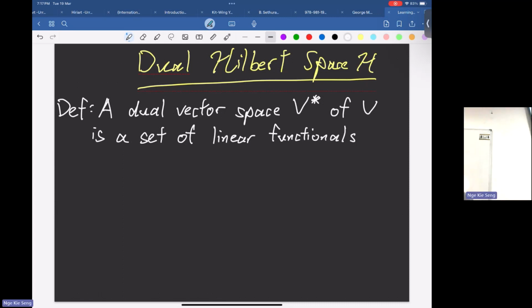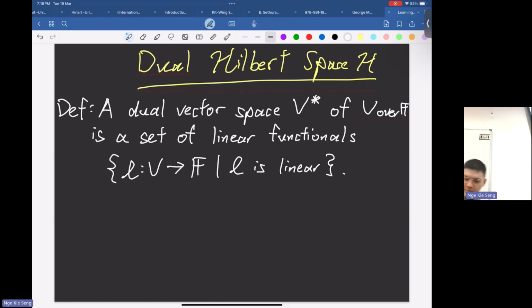So linear functionals. I will write it as L from V to F, let's say our vector space is over a field F, such that L is linear. I don't write down those two properties. But this for Hilbert space seems too ambitious.